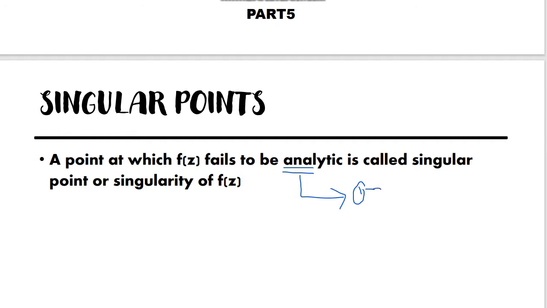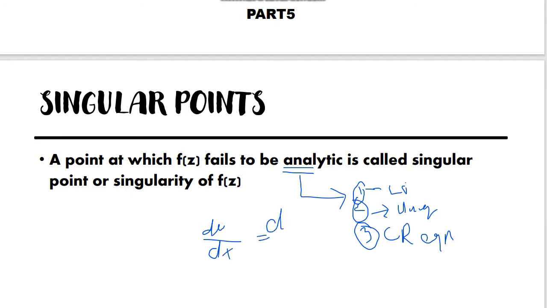They obey three conditions. The first condition is that it must be continuous. The second condition is that it should have a unique derivative. And the third condition is the CR equations. What are the CR equations which need to be followed?